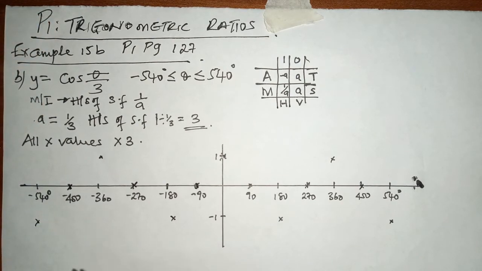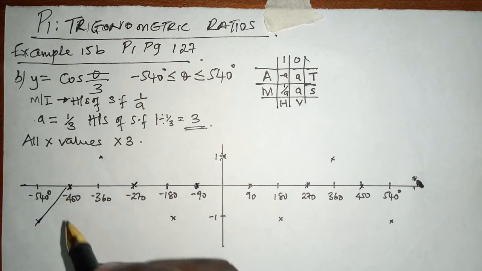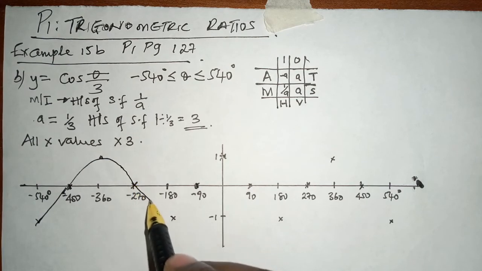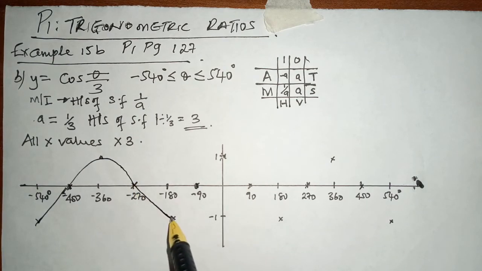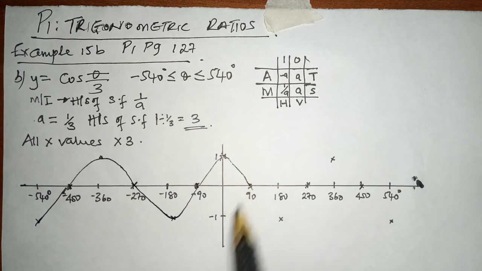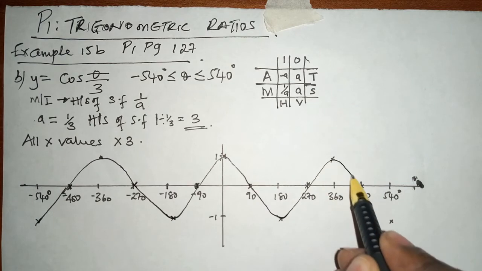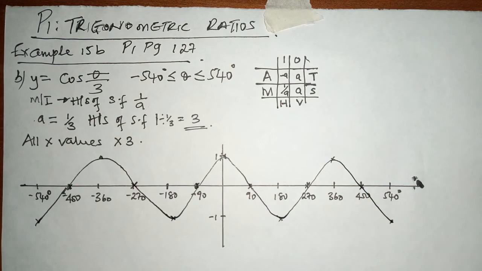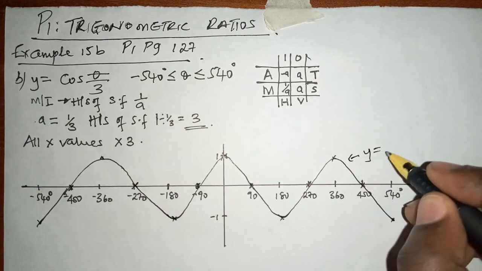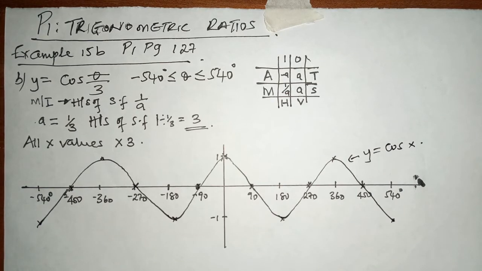So generally, we have a graph that runs this way. What we have here is a graph of y equals the cosine of x.